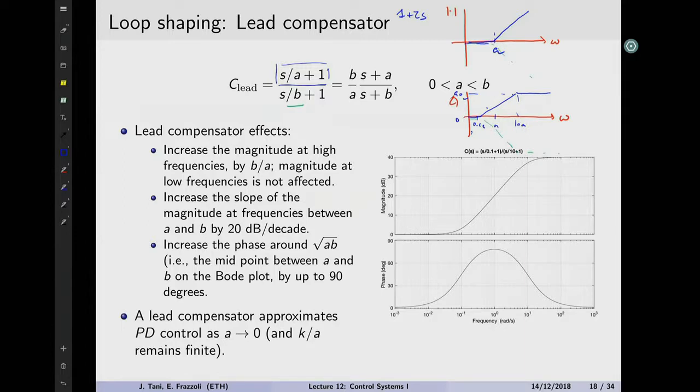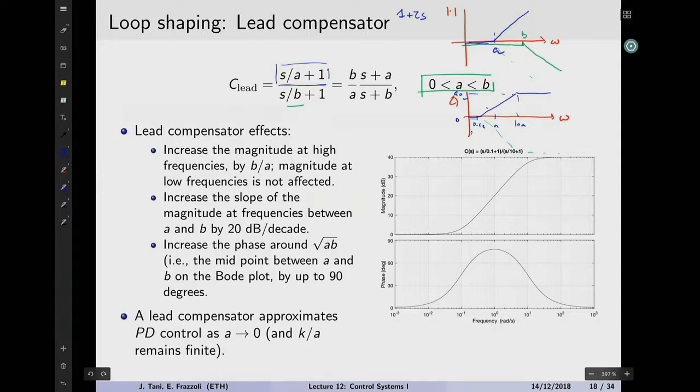But now what happens if we move B and make it bigger than A? This is the case of the lead compensator. A lead compensator is a ratio of a pole and a 0 where the pole is bigger than the 0. Why? Because if we now suppose that B is bigger than A, then the pole would give this contribution here, right?